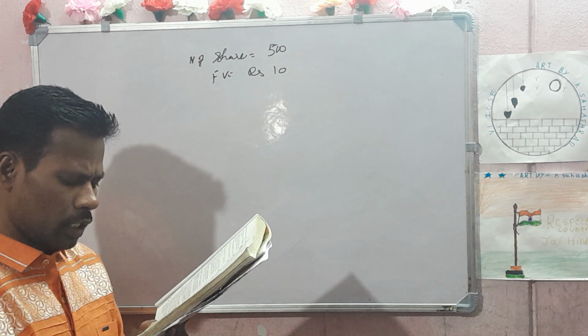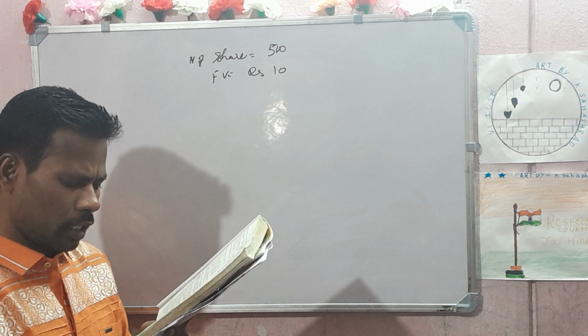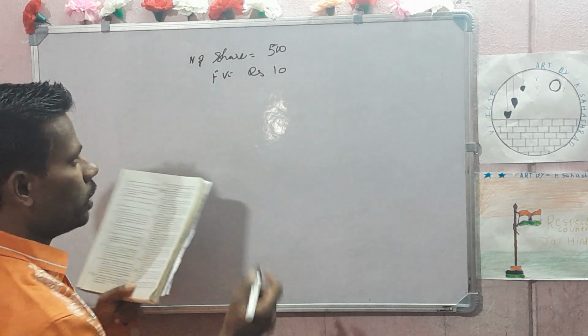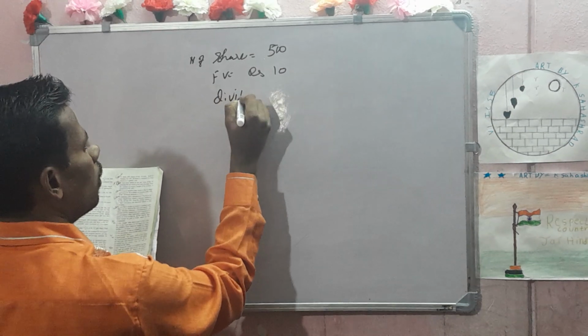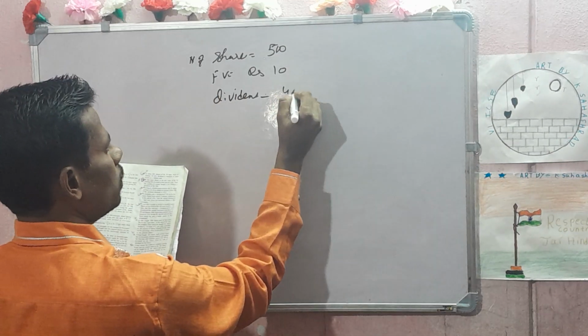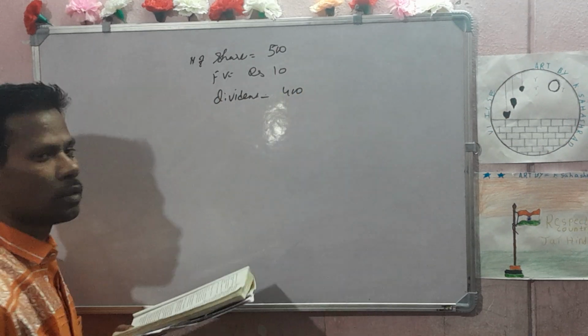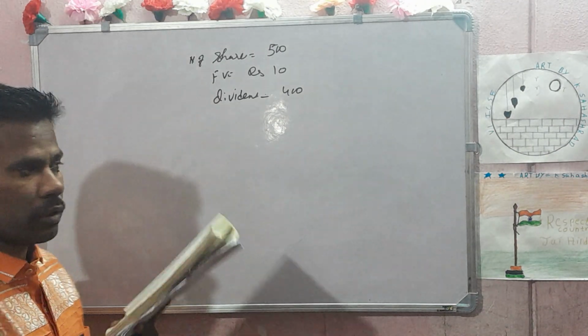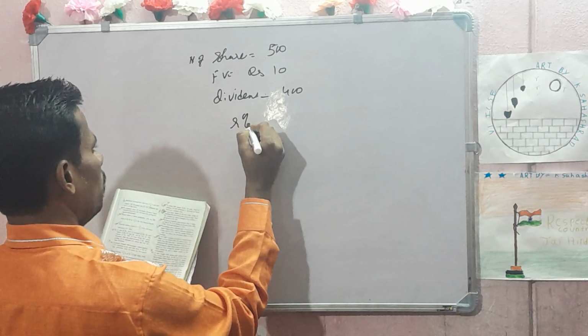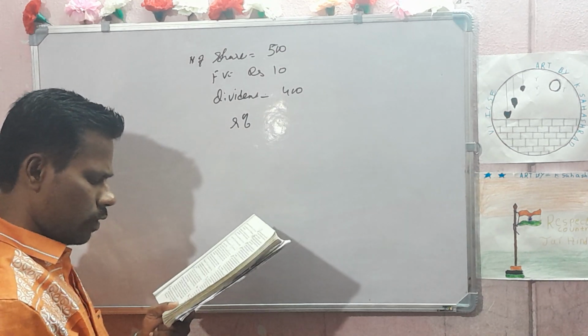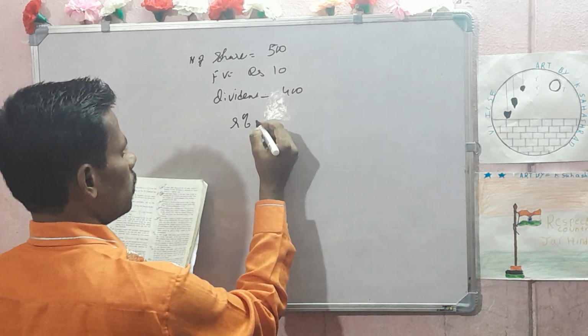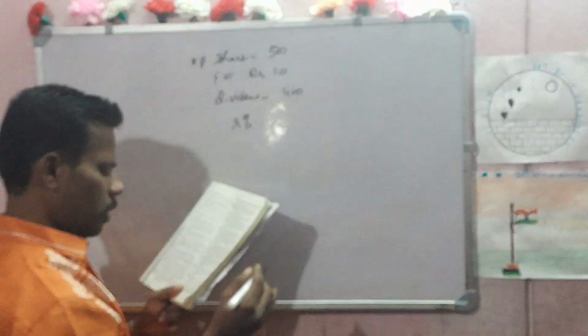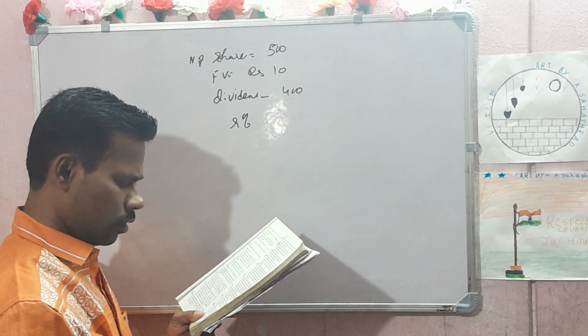And during the first year after purchase, he received 400 rupees as dividend on his shares. Dividend is 400. So find the rate of dividend on the shares. Rate of dividend is nothing but rate percentage on the shares.